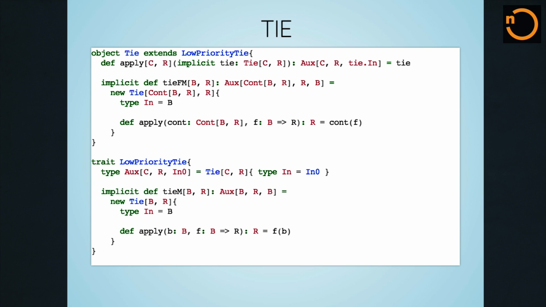The weird thing is the way that Aux is defined way up there, it's kind of recursively defined in the type that I'm actually going to lose, which is kind of odd. But somehow it actually works. This parameter here, Tie, when it goes Tie.In, the compiler will actually keep that type parameter right up until there.